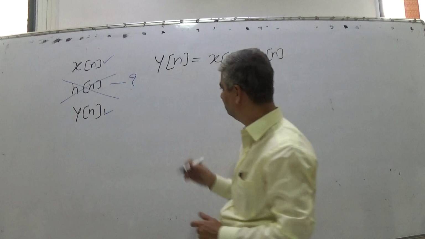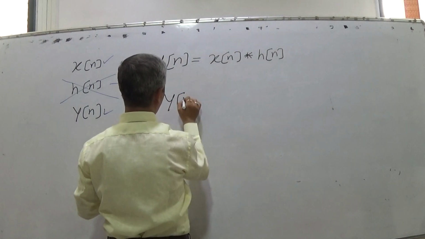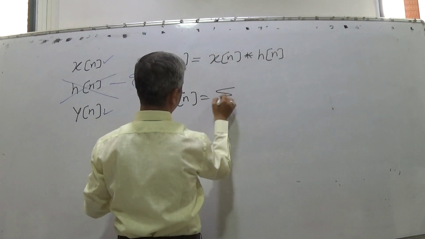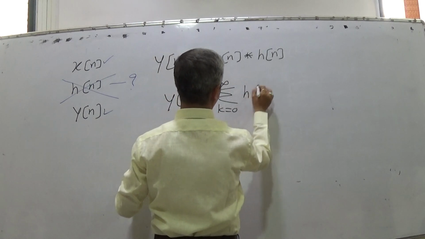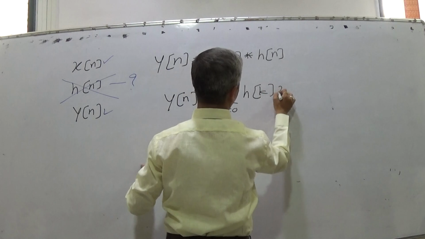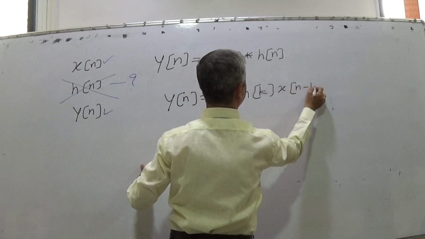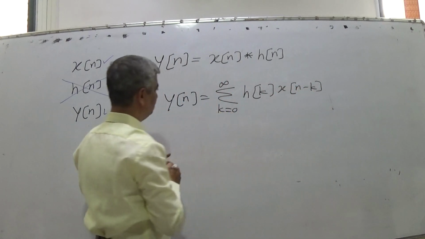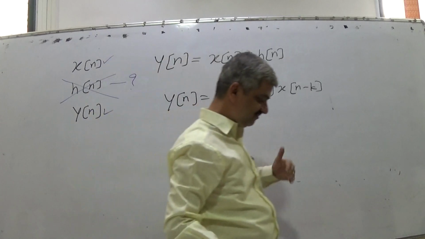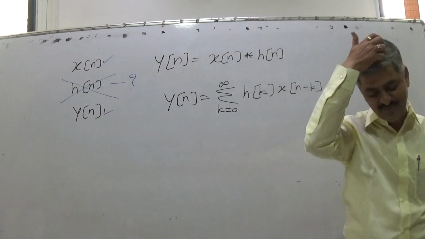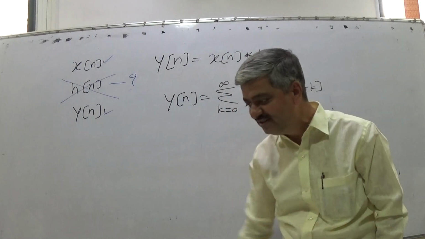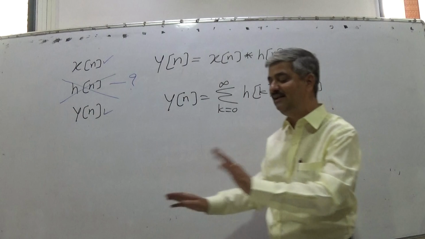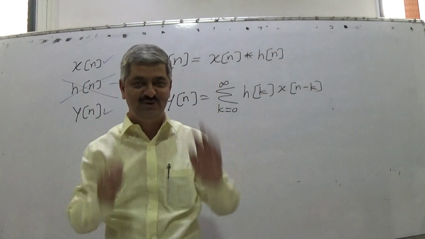The equation is yn is equal to summation k equal to 0 to infinity hk x of n minus k. So I would give you a hint. Can you give some such input that automatically the output you get is the system sequence?